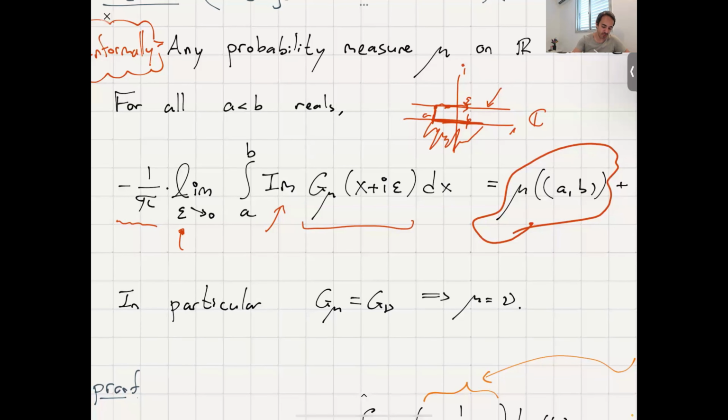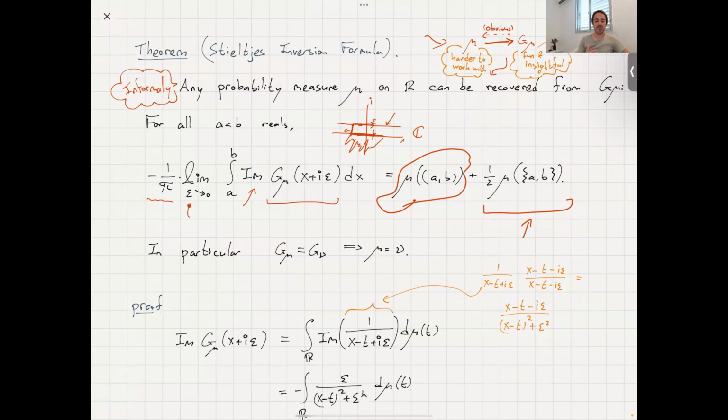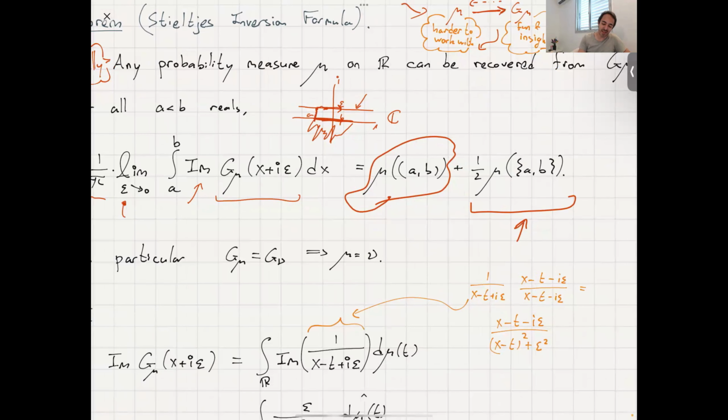It turns out, and you will see exactly why, this recovers the measure mu of AB. Actually, this is the bit that I try to ignore. You don't quite recover mu of AB. You also add the measure of the singletons, called atoms. A and B, if they're non-zero, are called atoms. Mu of the point A and the point B, up to a factor of 2. Usually this will be 0 anyhow, but I'll get back to that.